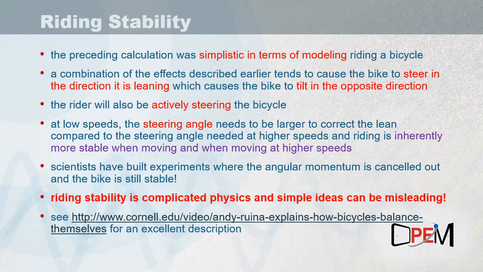And so this means that the steering they have to effect to correct for tilts in the bicycle from losing their balance is much larger, because the steering changes needed at low speeds have to be larger angle to correct for the lean compared to the steering angle changes needed at higher speeds. And so for new riders learning how to ride, they're wanting to do it at low speed, but this means they have to have larger corrections to the steering angle to correct for imbalance and leaning.